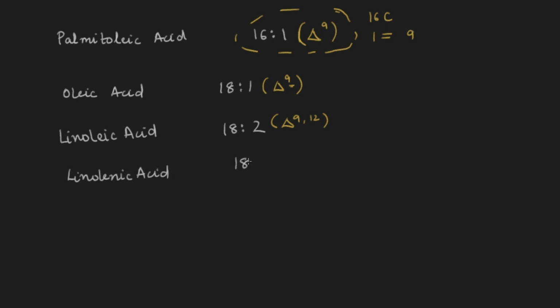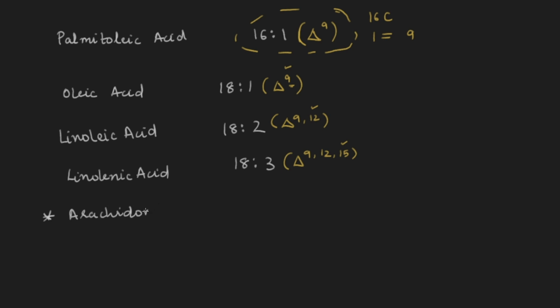Again, it has 18 carbons, but it has 3 unsaturations at carbon number 9, 12, and 15. So there's a pattern here where unsaturation begins at carbon number 9 and moves to carbon number 12 and then carbon number 15.